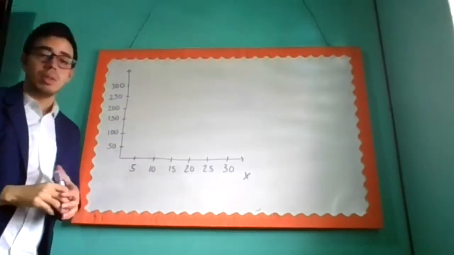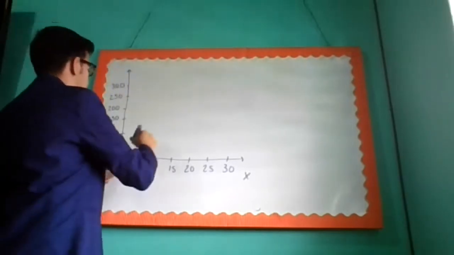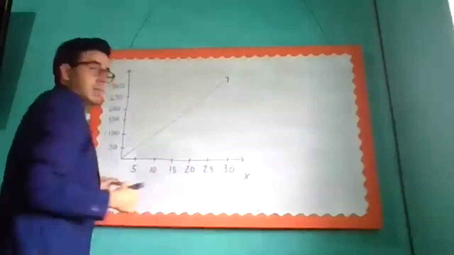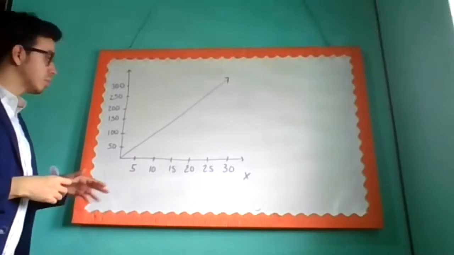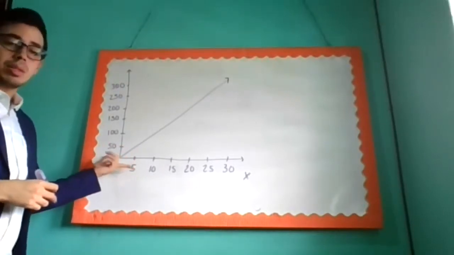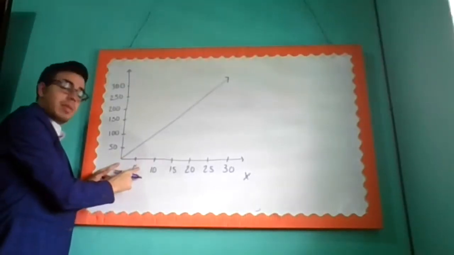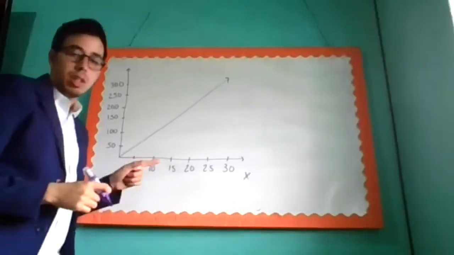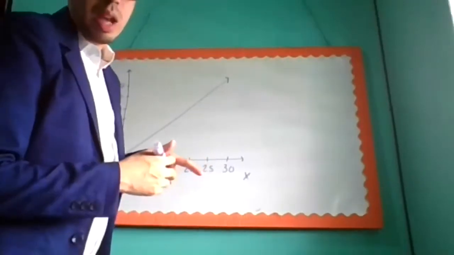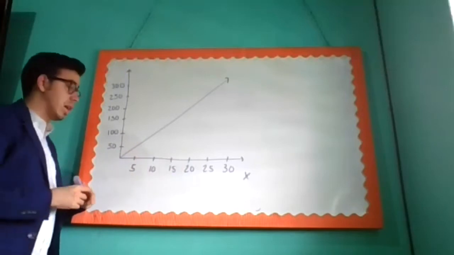Now I need to graph using the points. You can see that the graph is a straight line. It's like this. This is the graph you have. And we represent each point relating the x with the y. When x is 5, when you have 5 minutes... okay, but we are going to start at 10 now because we are going to find something more later.